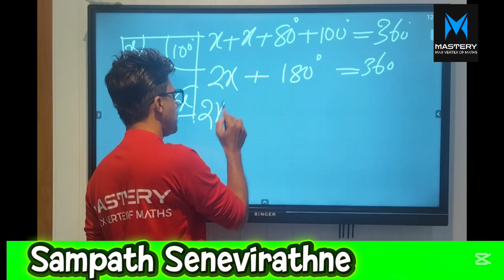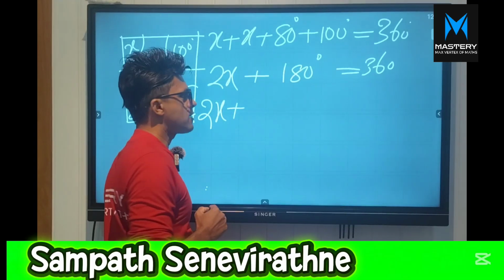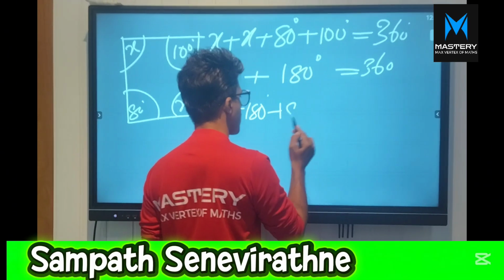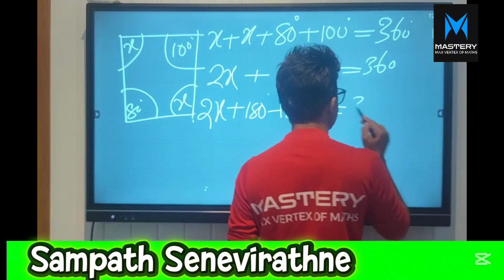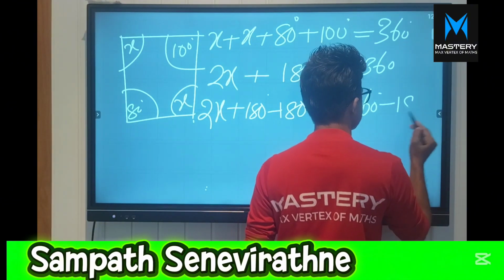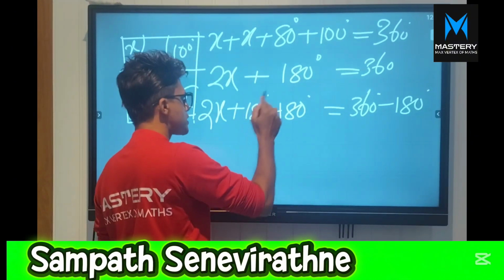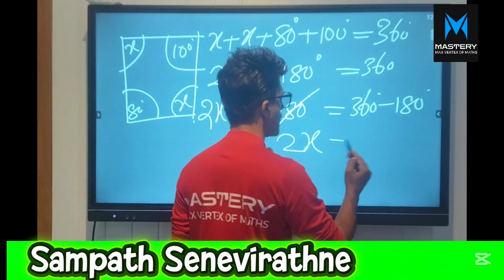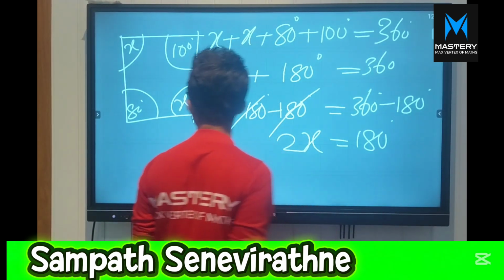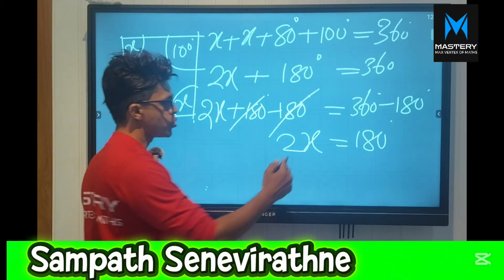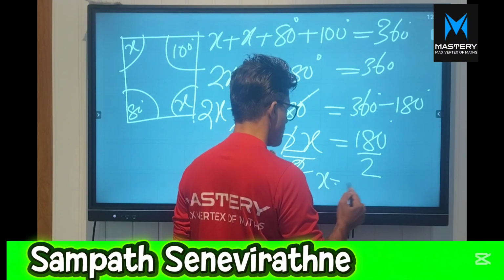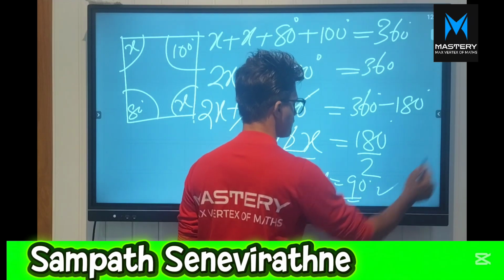Now with 2x, you can use knowledge of equations to get the value of x here. From both sides you can subtract 180, 360 minus 180. Now you can simplify this, plus 180 and minus 180. Then 2x equals 180. Now divide both sides by 2. So the value of x you can get as 90 degrees.